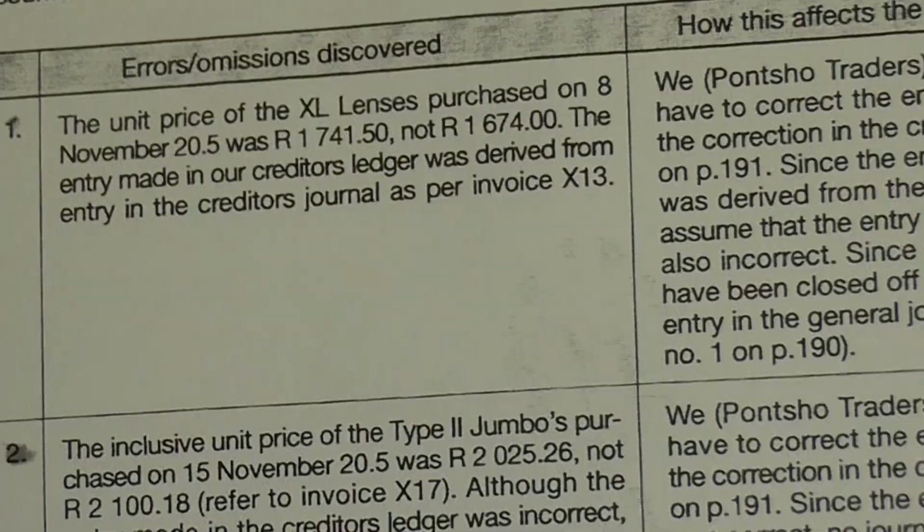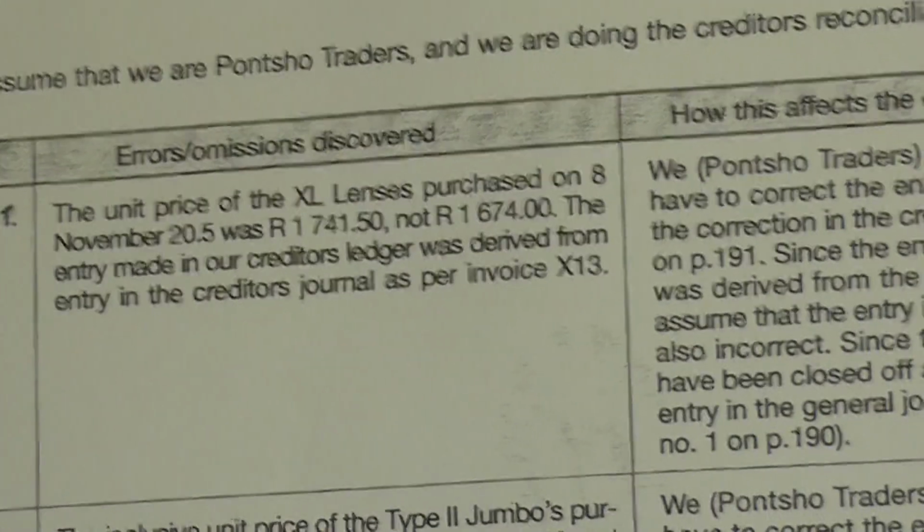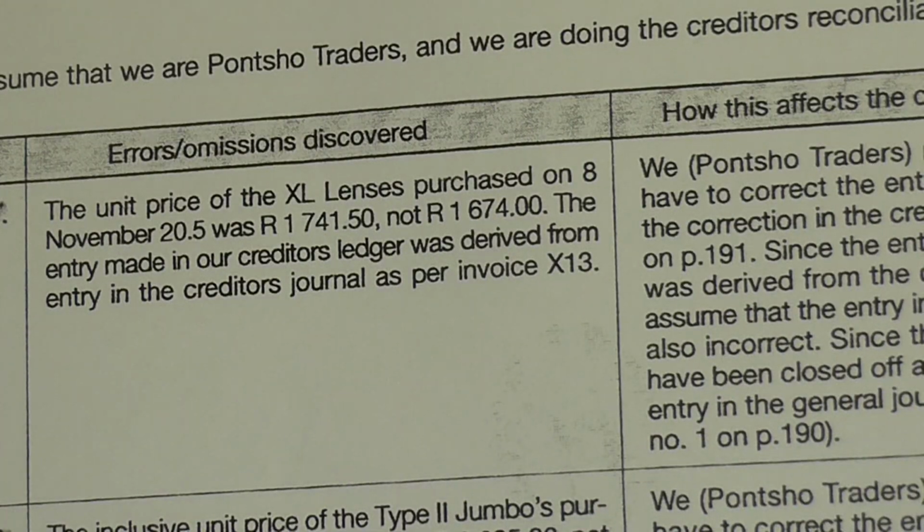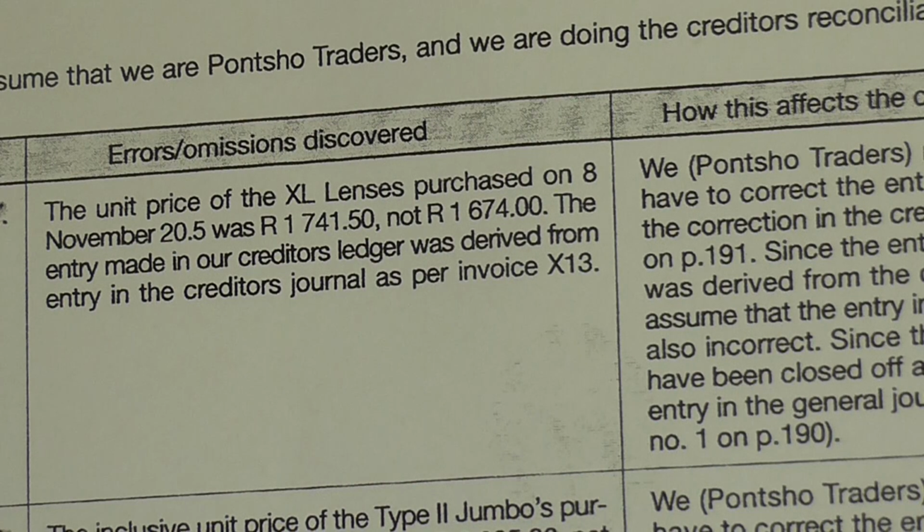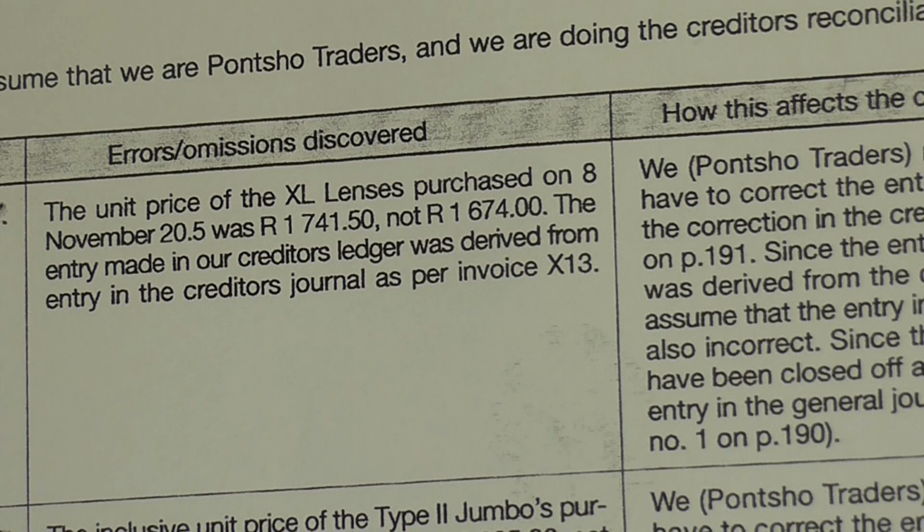It says there, the unit price of the XL lenses purchased on the 8th of November was 1741.5, not 1674. The entry made in our creditor's ledger was derived from an entry in the creditor's journal as per invoice X13. So from that we can see that they say that the price was 1741.